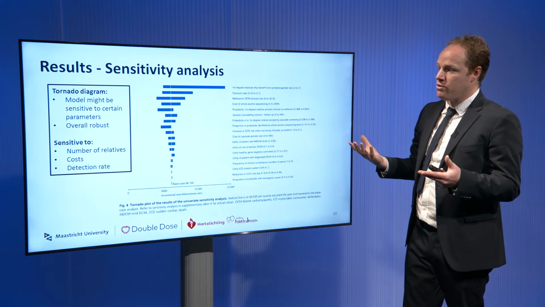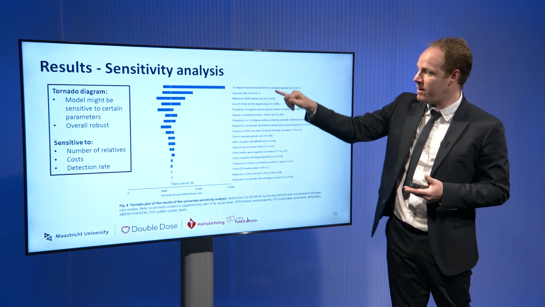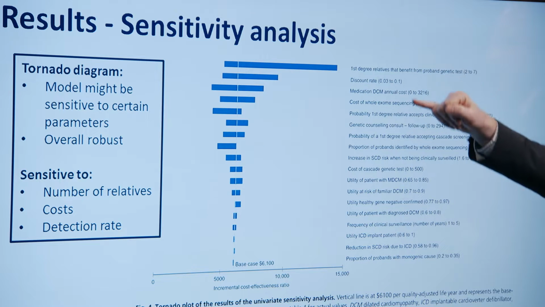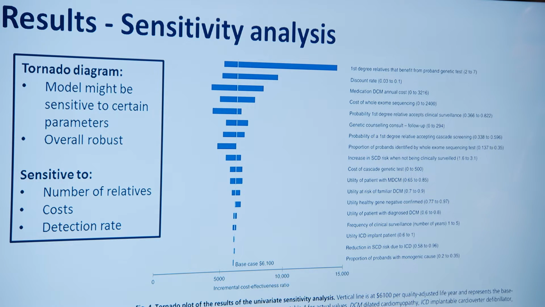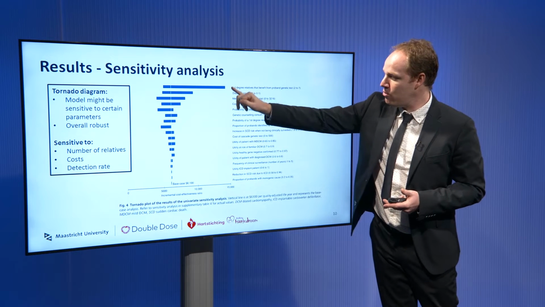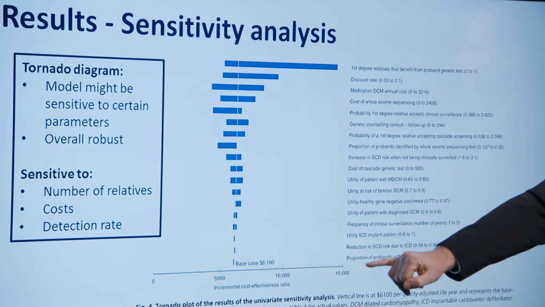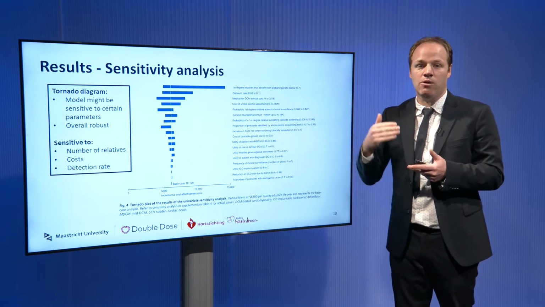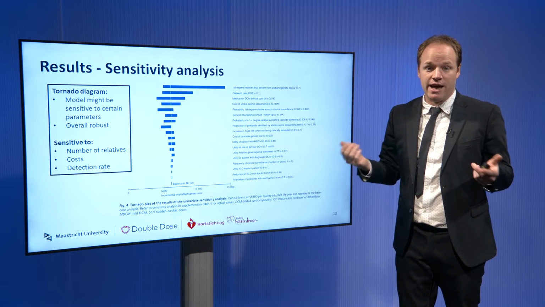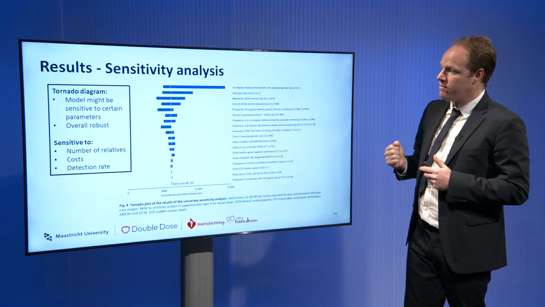What we observe is that the estimation could be sensitive to some of the parameters, especially these at the top of the tornado diagram, but overall it remains robust because we are always at an incremental cost utility ratio below $15,000 per quality gain, far below the threshold used in Australia to consider an intervention as cost-effective.